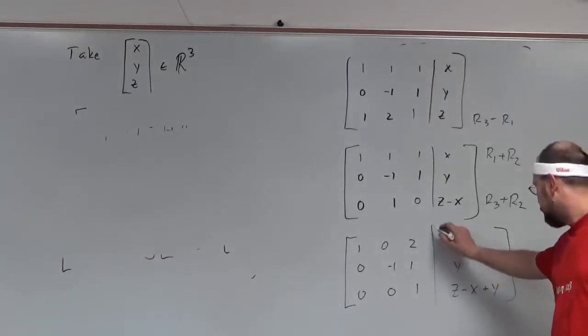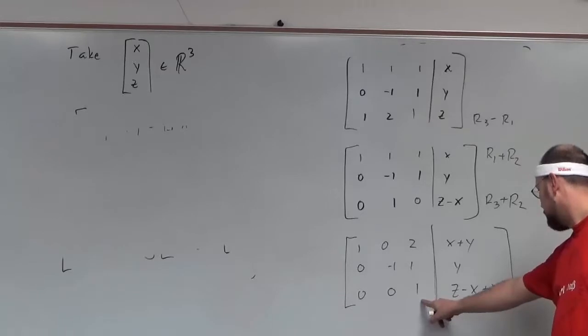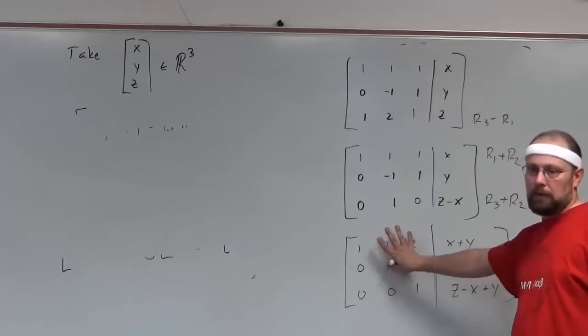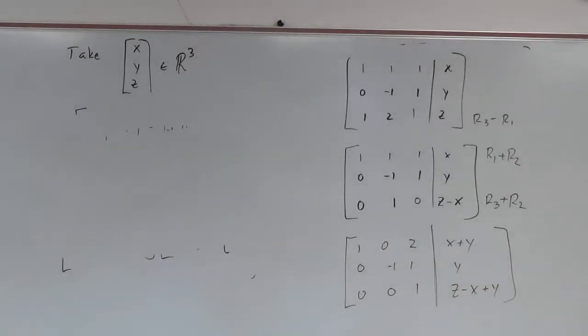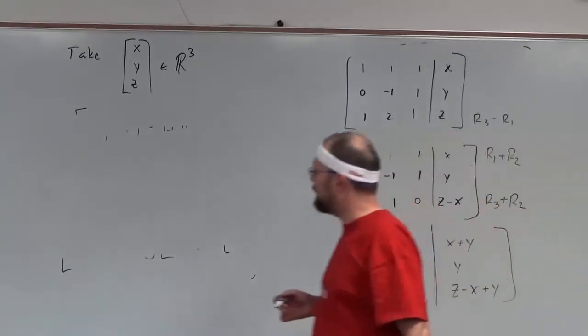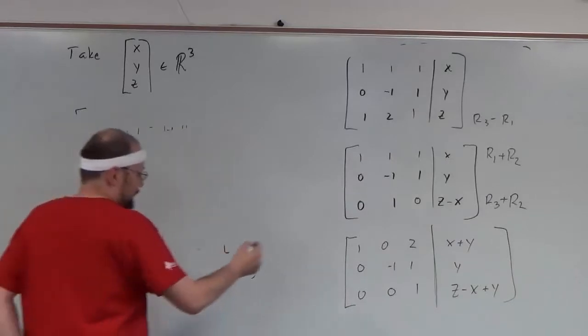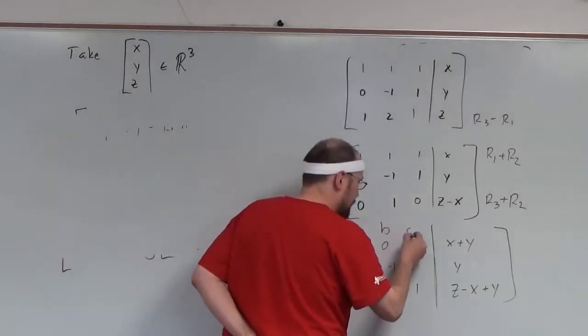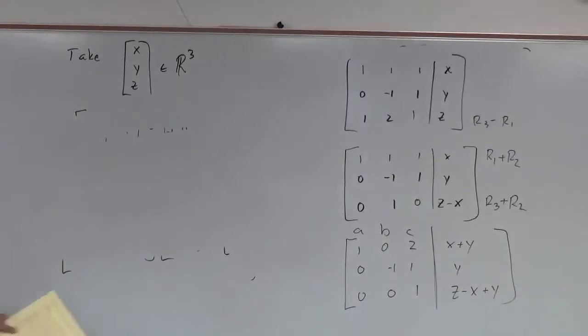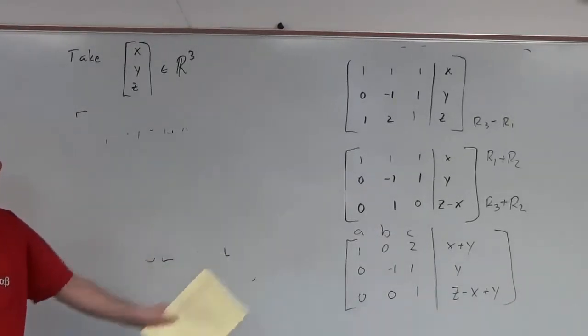But just the first principles says we don't have a row of zeros, so we know we have a unique solution. We're able to reduce this matrix to the identity if we wanted to. So we have a unique solution, but the point is that we have a solution. Regardless of what x, y, z is thrown at us, we always have a solution for the coefficients a, b, c.